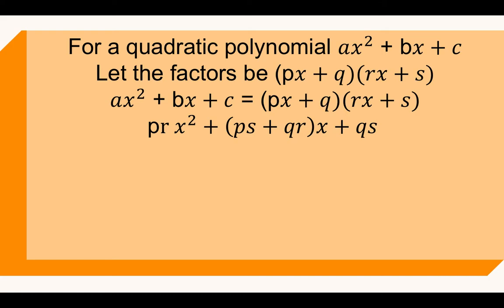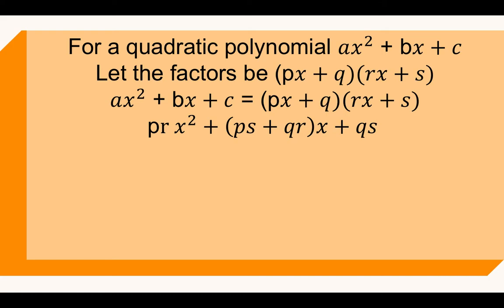Then I multiply px with s, so the answer is psx. Now I multiply q with rx, so the answer is qrx. Then I multiply q with s, so I get qs.